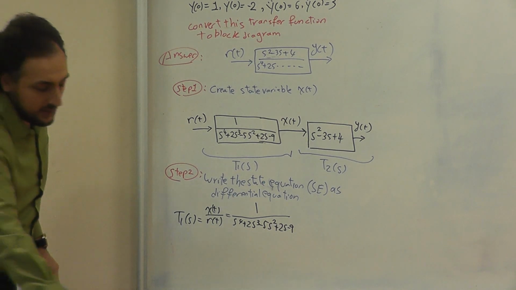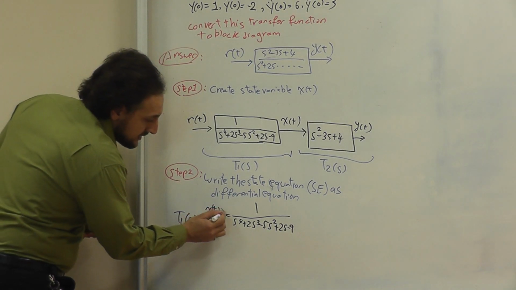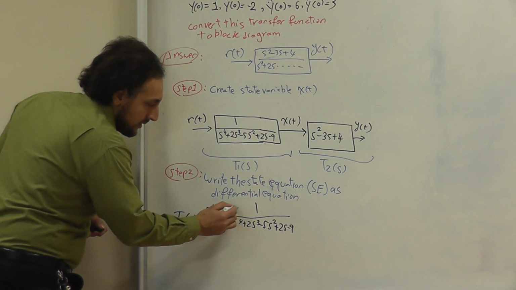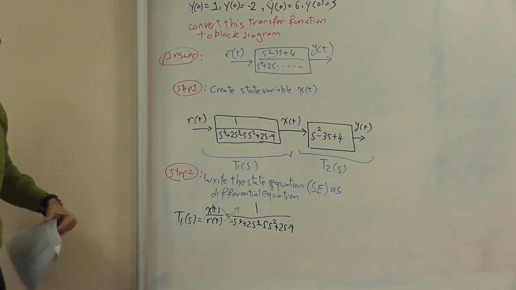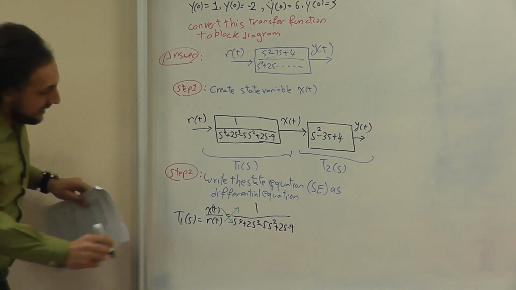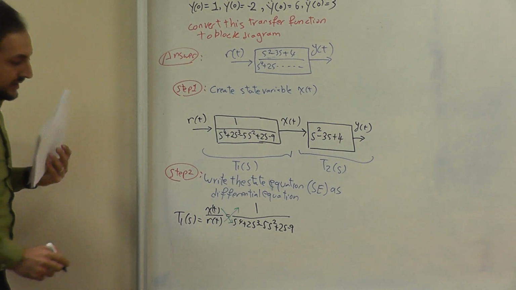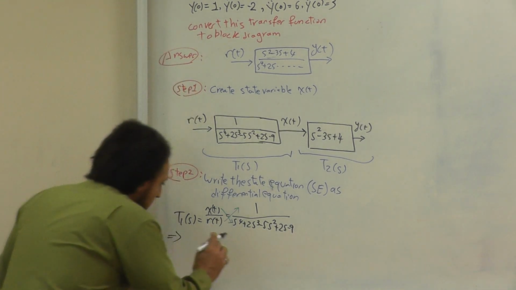Okay? Then what shall I do here? I should multiply this here, and I should multiply R here. Is it correct? It's easy to tell me here and here. Then, if I multiply this with this Laplace, I will get the differential equation. Just like this.